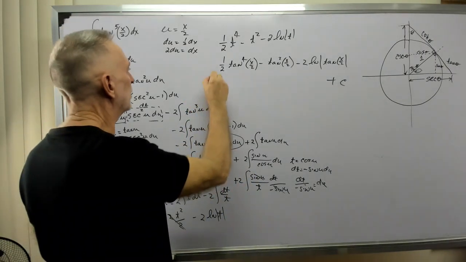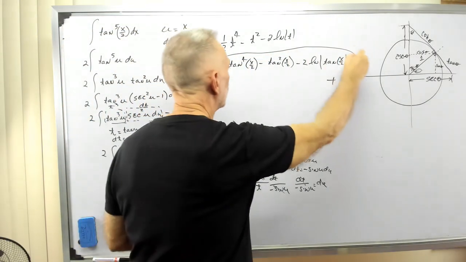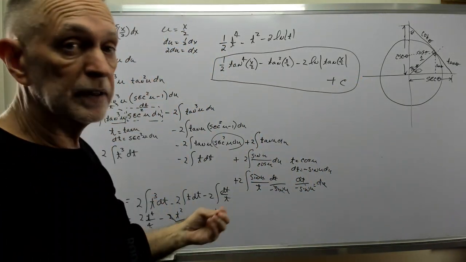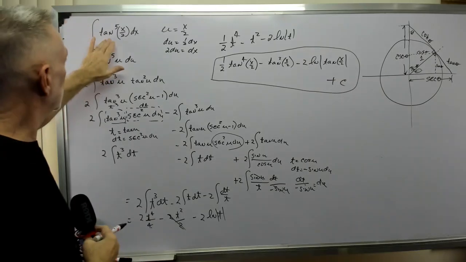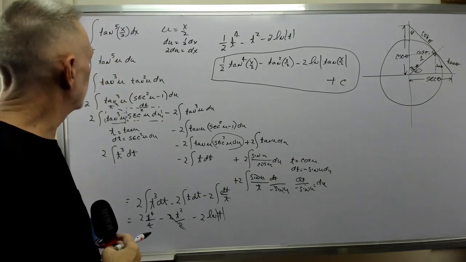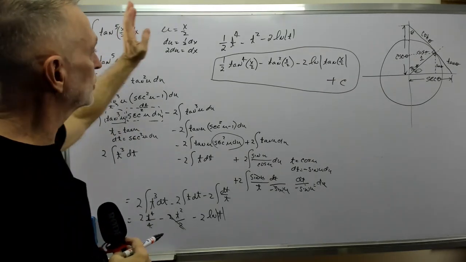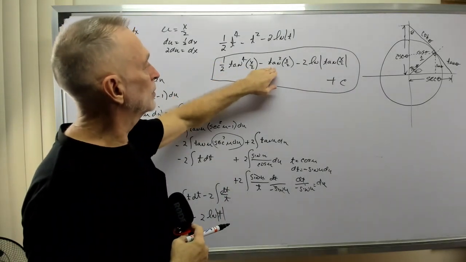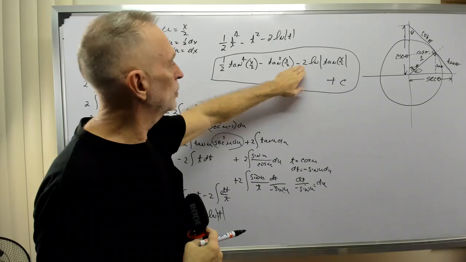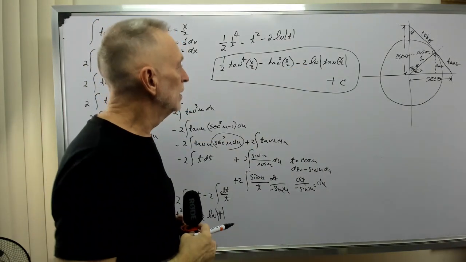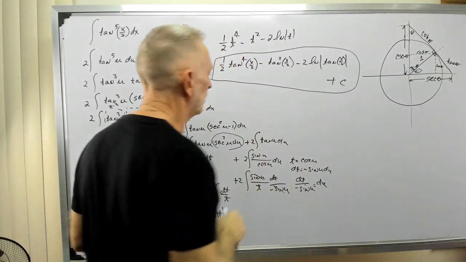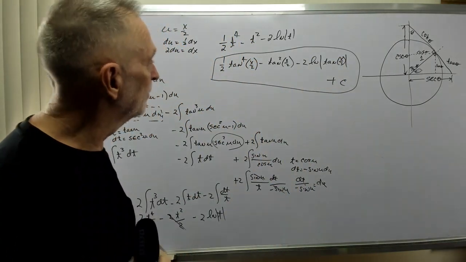Okay, that, my friend, would be how we could utilize a Pythagorean identity on this tangent to the 5th x over 2 dx, resulting in 1/2 tangent to the 4th x over 2 minus tangent squared x over 2 minus 2 natural log, the absolute value of tangent x over 2, plus c.